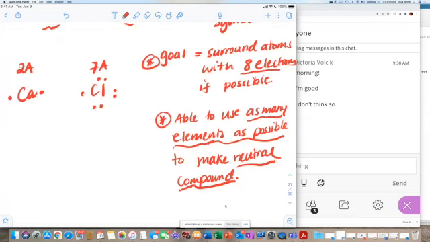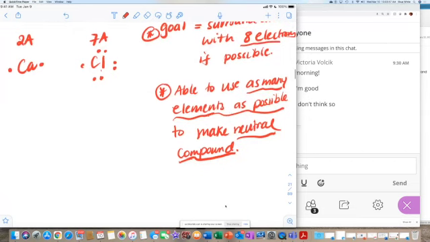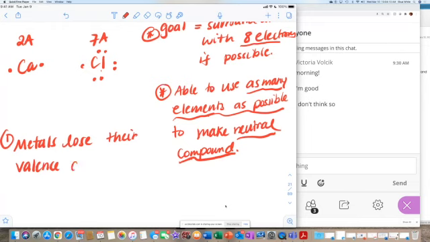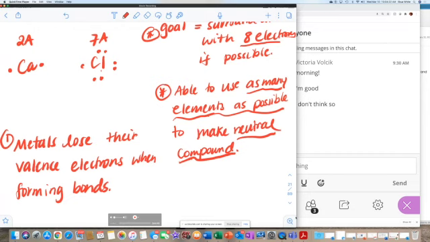Now, before we do the next steps here, the other thing we have to remember, I'll say here, is that metals lose their valence electrons when forming bonds. Okay, this is true regardless of the type of bonds.